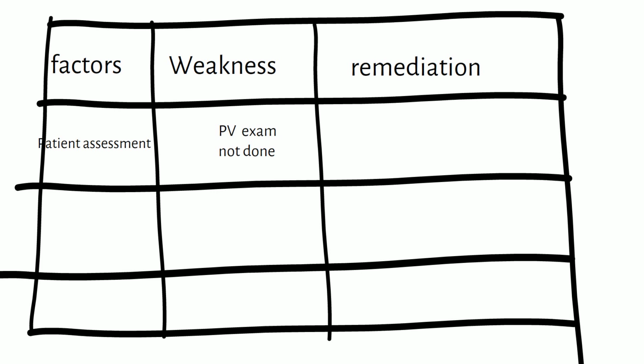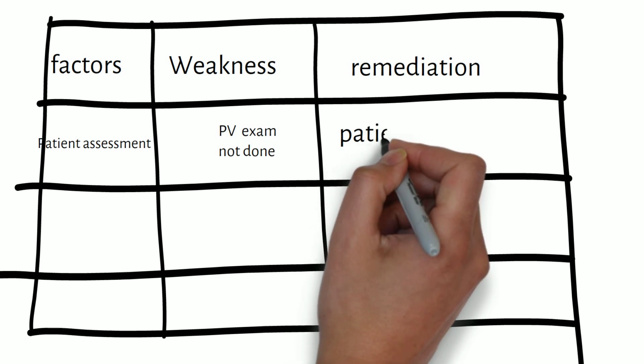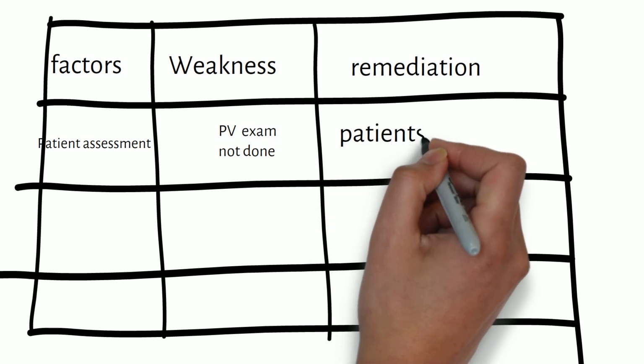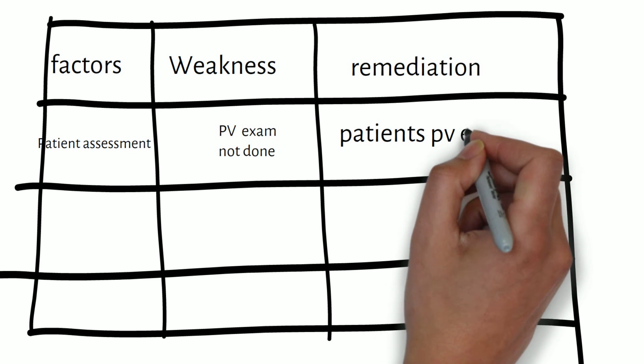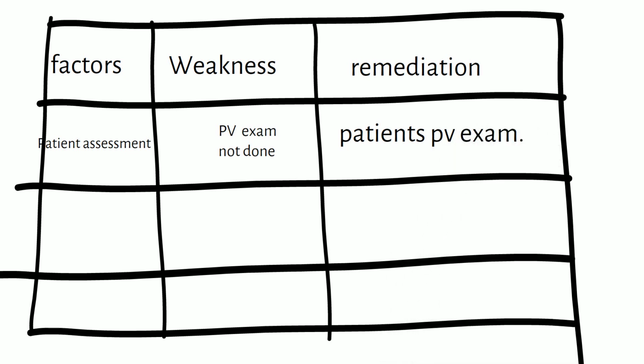On the right hand side, we can see how we can remediate these factors. So for example, in the first factor of patient assessment, we write down a pervaginal examination was not done at the time of admission. And the remediation is, all pregnant patients who are being admitted from the labor room should have a pervaginal examination.